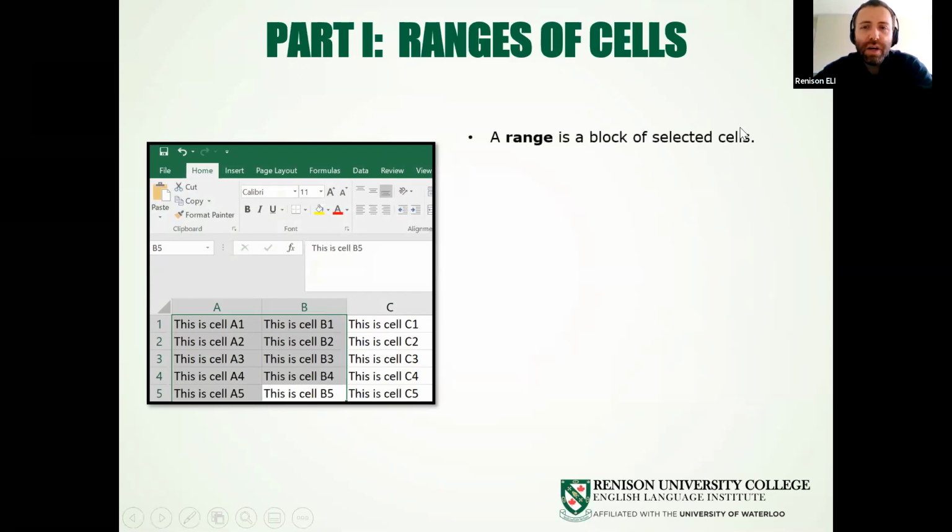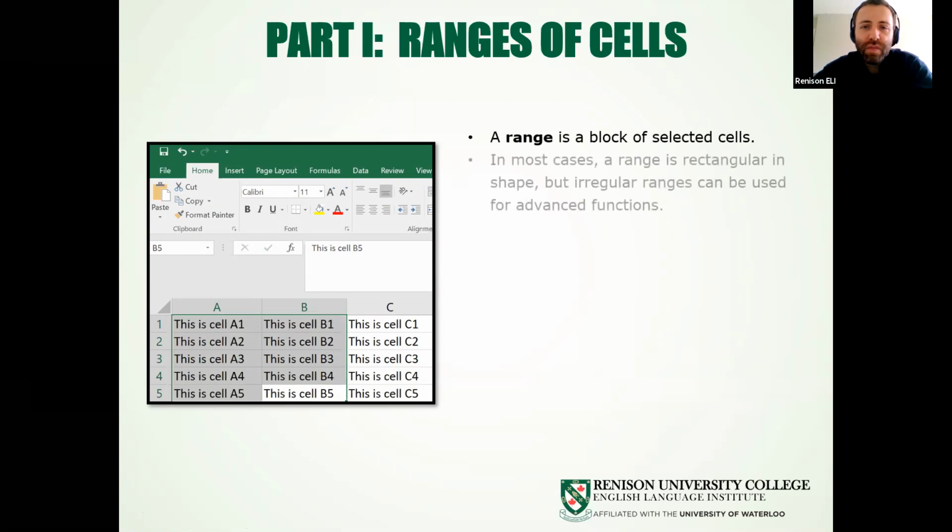So now we're going to be talking about ranges of cells. A range is a block of cells that you select. In most cases, a range is rectangular in shape, but irregular ranges can be used for advanced functions. But since this is just the basics, we're going to stick with rectangular ranges.